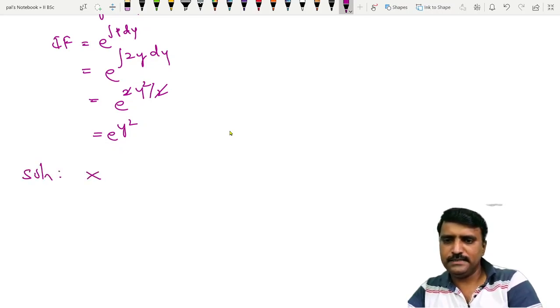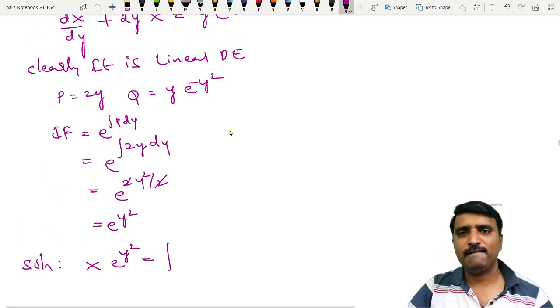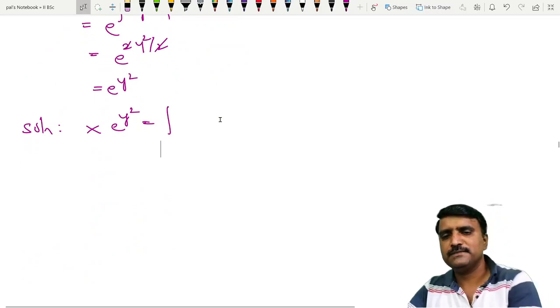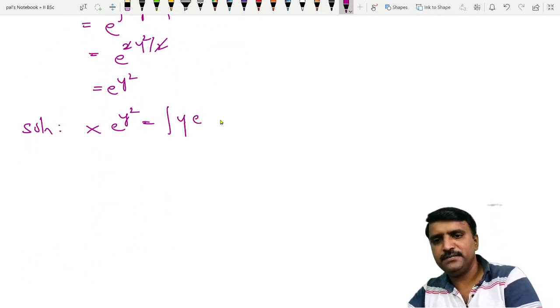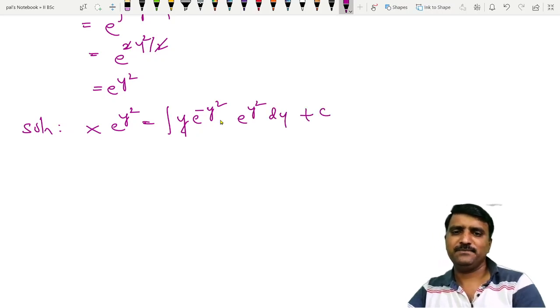Solution is x into e to the power of y square is equal to integration of q. What is q here? Yes, this is q, y into e to the power of minus y square. Write that here, y into e to the power of minus y square into integrating factor, it is e to the power of y square into dy plus c.